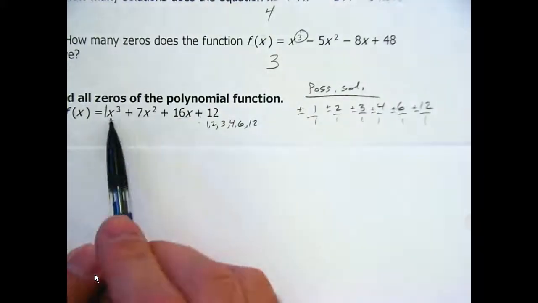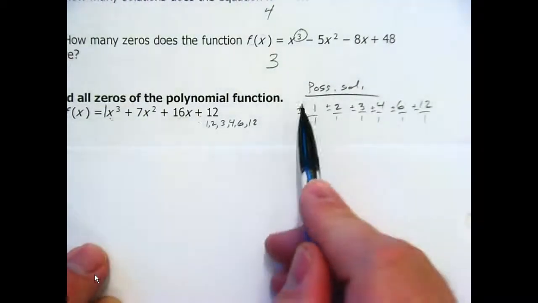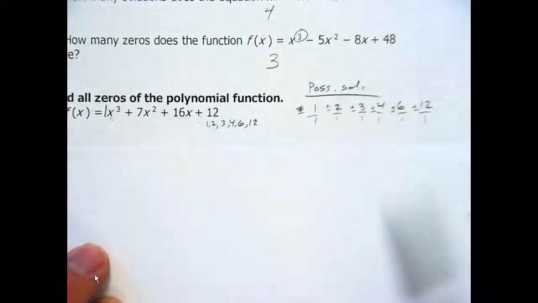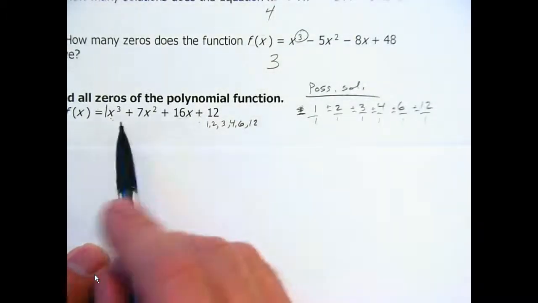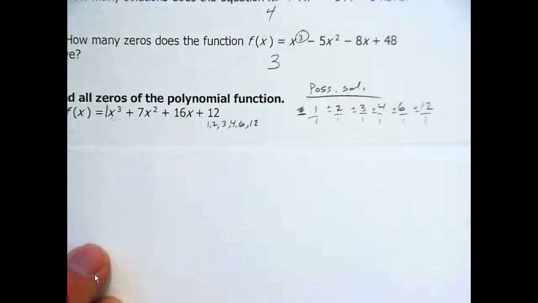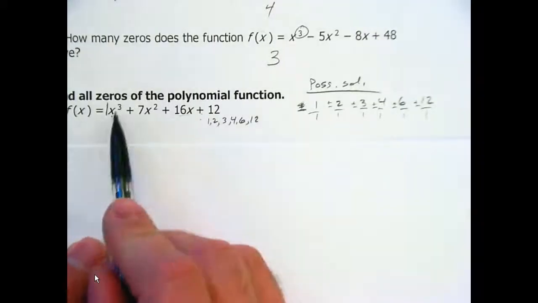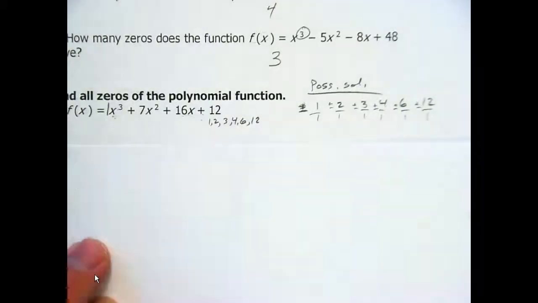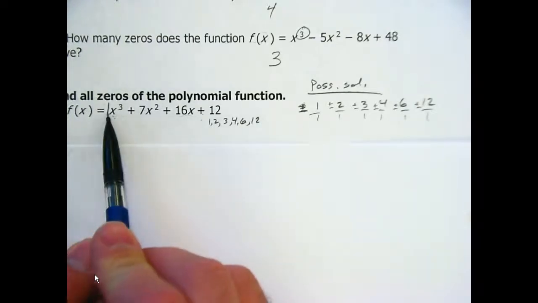Now, 1 is not going to work just because these are all positives. Everything's positive. 1 definitely does not work. You add the coefficients, you don't get 0. Does negative 1 work, though? No. Okay, and just because we're going to actually apply this a little later in class or something like it, when I put negative 1 in, really, which of the powers change? Like when I put negative 1 for an odd power, does that change my coefficient?